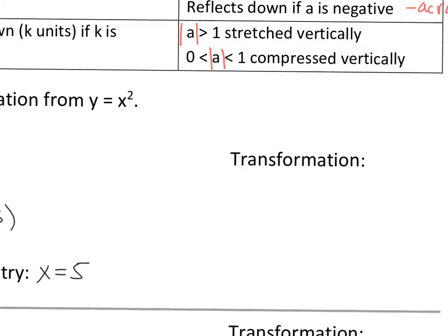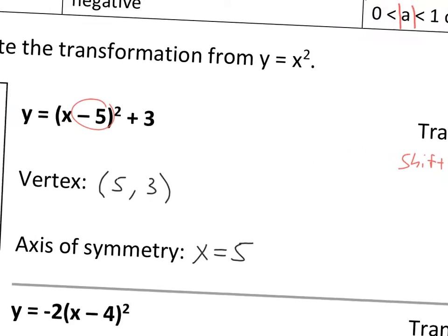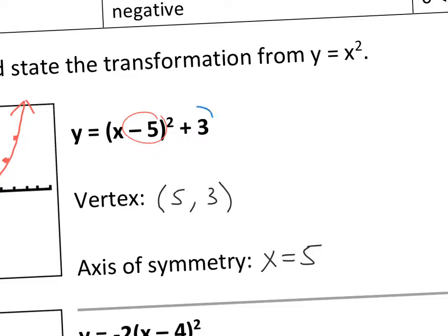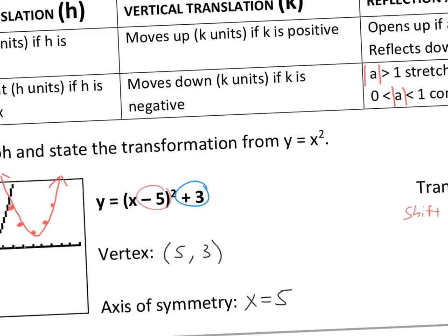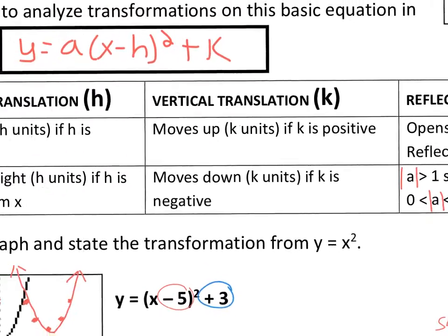Remember, H stands for horizontal, so that is going to shift 5 units right, okay? So remember, right and left is horizontal, or the H. All right, and then now we have to take care of this 3. That means the K, right?